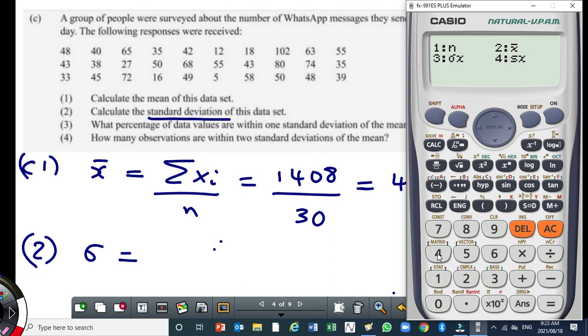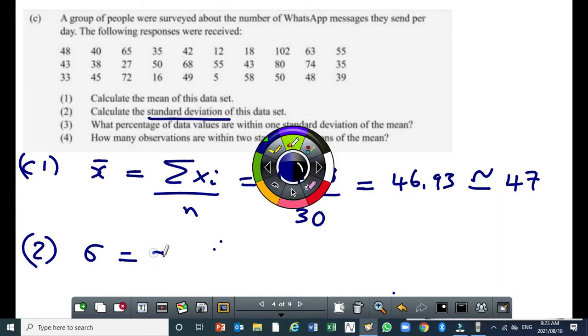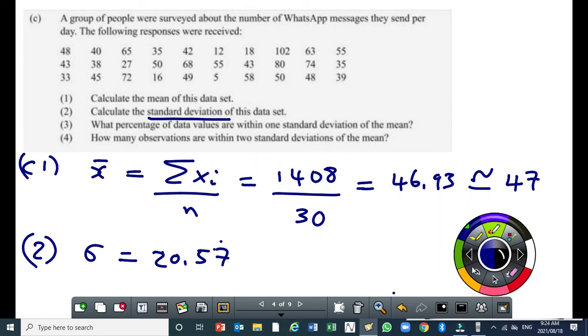Number 3? Yes. So it's number 3. Right? So that's the standard deviation. 2 decimal places to be 20,57. So sigma is going to be 20,57. Right? That's the standard deviation. Right? This is the mean.